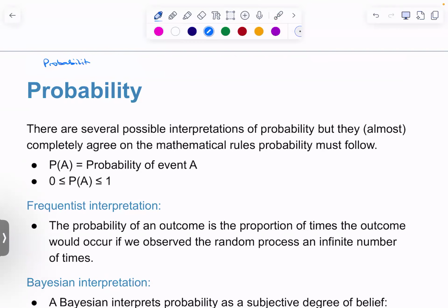Probability notation. That's good to have first. Looks like this, and you read it as P of A. How you interpret it is the probability of event A.